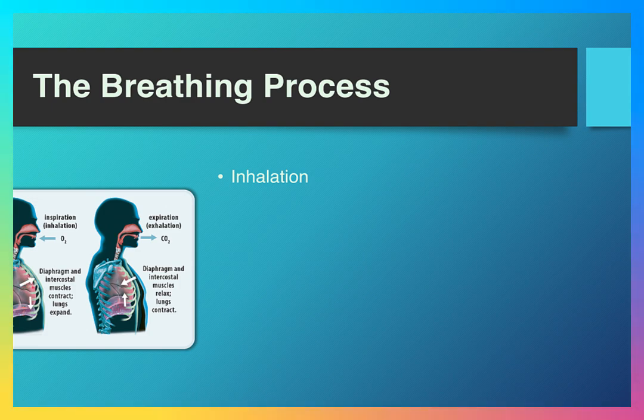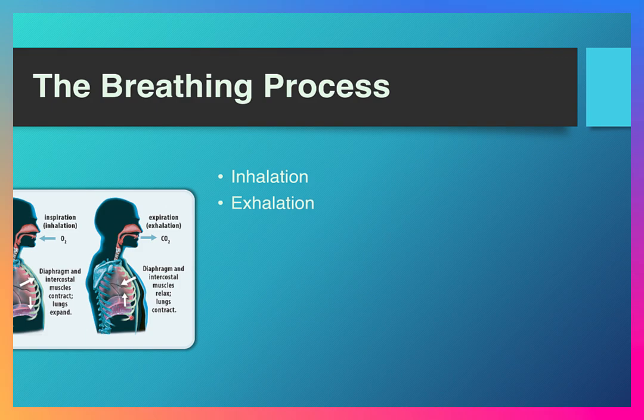This increases the size of the chest cavity. Increase in volume leads to a decrease in pressure inside the chest cavity, so that the pressure inside the chest cavity is lower than the pressure outside the chest cavity. And this causes air to move in from high pressure to low pressure. The exhalation is exactly the opposite. But the inhalation is an active process where the diaphragm has to contract.